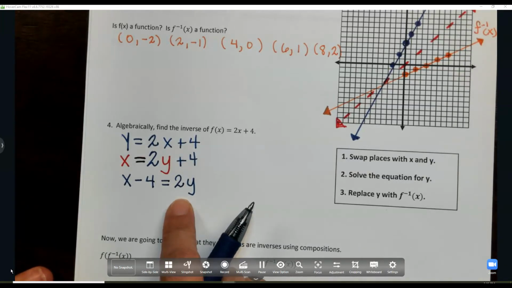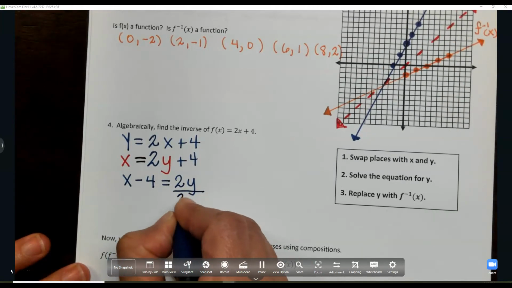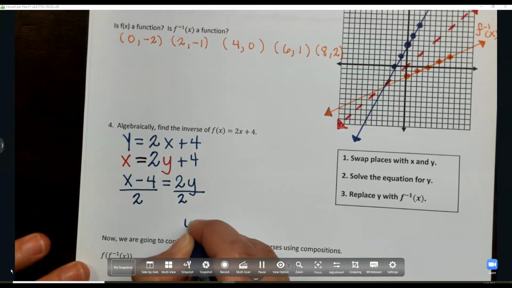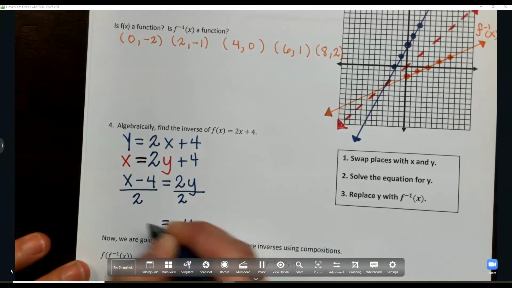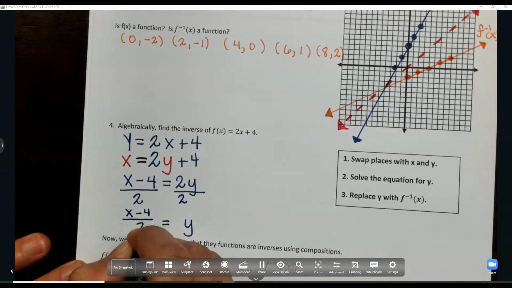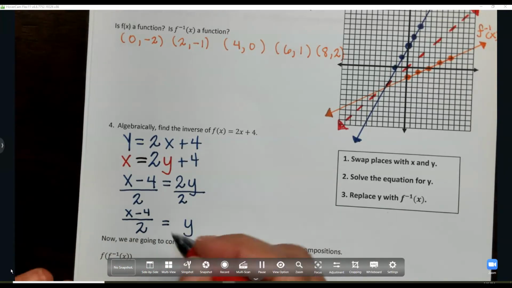We have to divide. If it was plus or minus, we would move it. But if they're stuck together, we have to divide. So y equals x minus 4 divided by 2. And that is a 100, that's full credit.